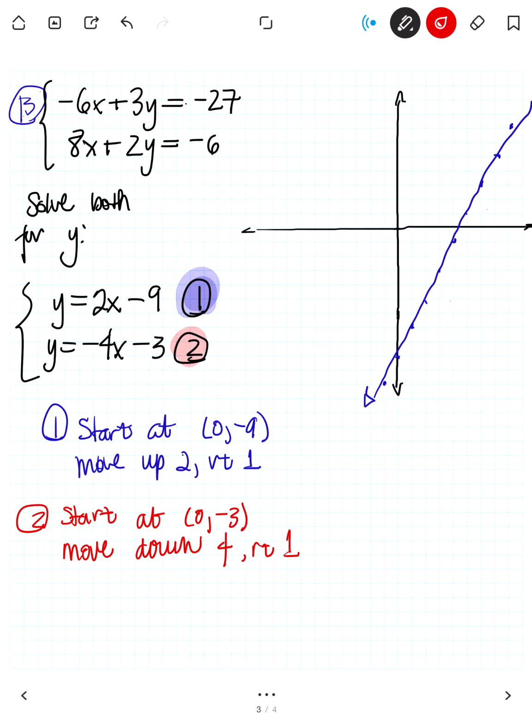So with a negative slope, we have one positive and one negative movement. So down 1, 2, 3. So starting at 0, negative 3, I need to move down 1, 2, 3, 4, right 1.